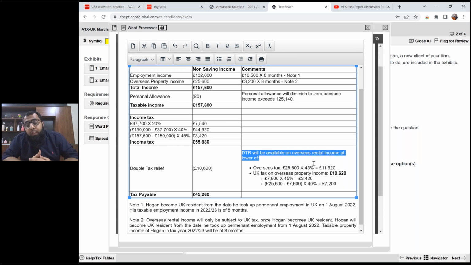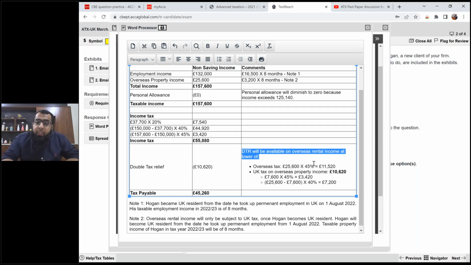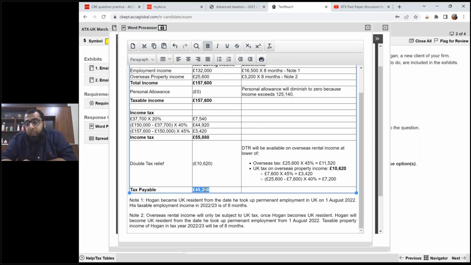Why will double taxation relief be available? Because overseas rental income is also taxed in overseas at 45%. Since there is double tax, you will get a double taxation relief. Okay, so this gives you the tax payable.